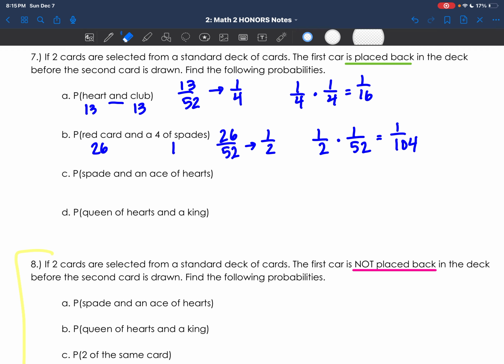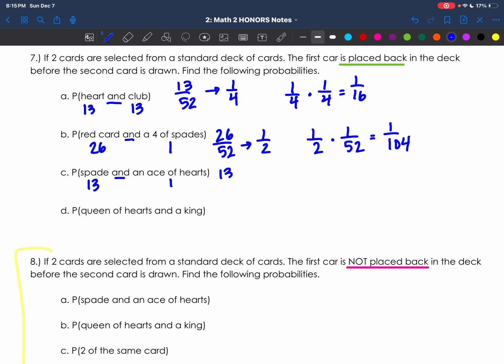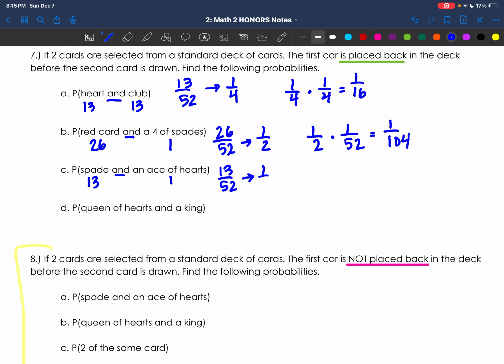All right. So now the probability of a spade, well, there's 13 spades. And we also have the ace of hearts. Well, there's only 1 ace of hearts. So that's your only one there. So remember, we just said that 13 over 52 is the same as 1/4.